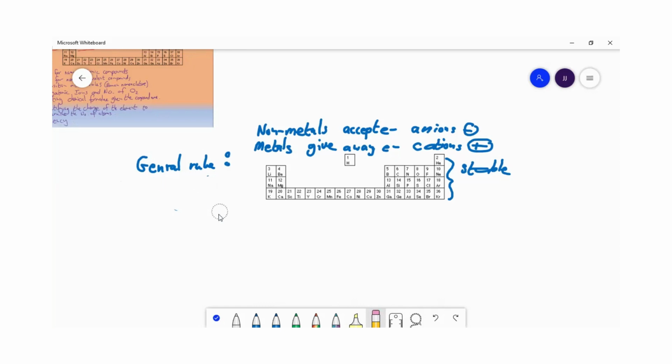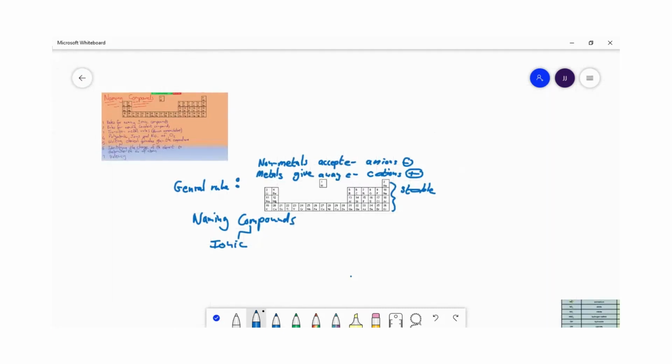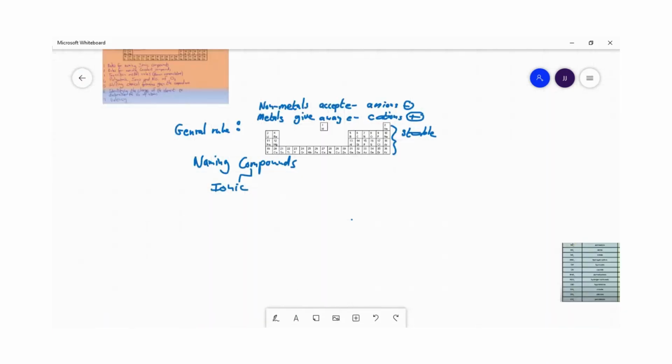Keeping this in mind, moving on to our naming of compounds and ionic bonding, we have the following rules that we need to follow.